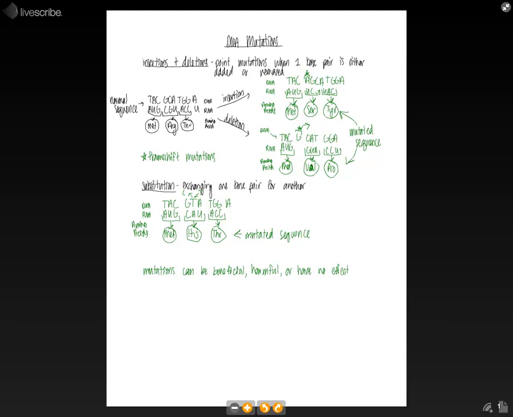And the reason for this is because it depends completely on where the mutation is occurring and what proteins are going to be involved and what the functions of those proteins are. So it's completely different, and that's why we have such a wide spread of effects of mutations.